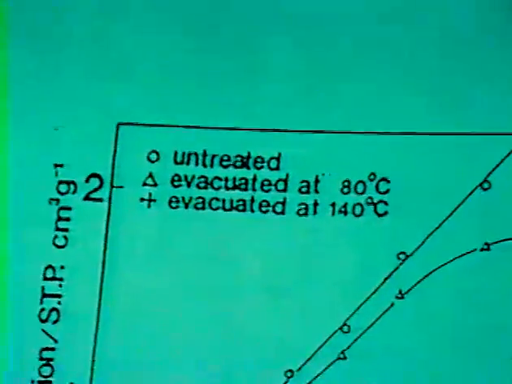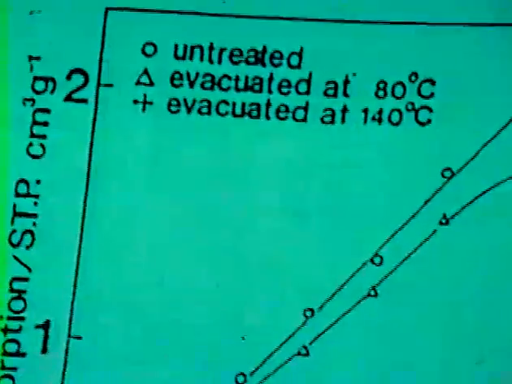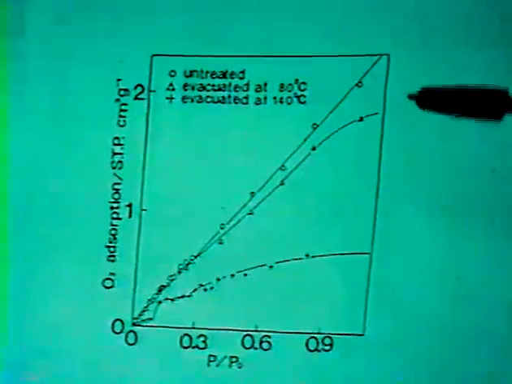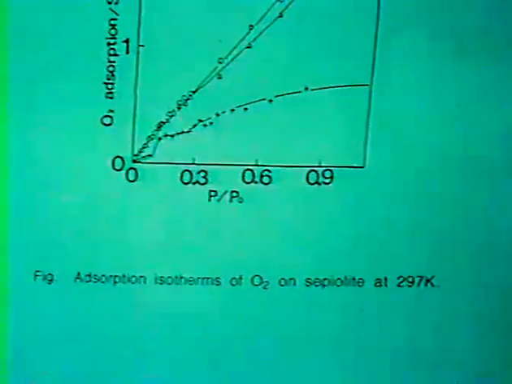This figure shows the positron annihilation rate as a function of oxygen pressure. The annihilation rate decreased drastically at the oxygen pressure of 100 mmHg.